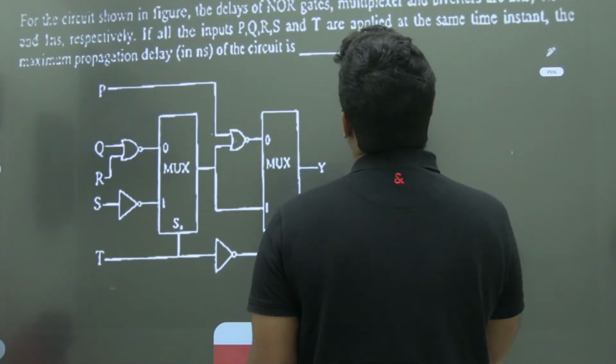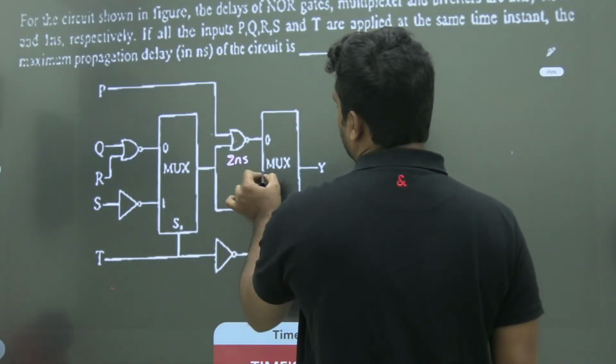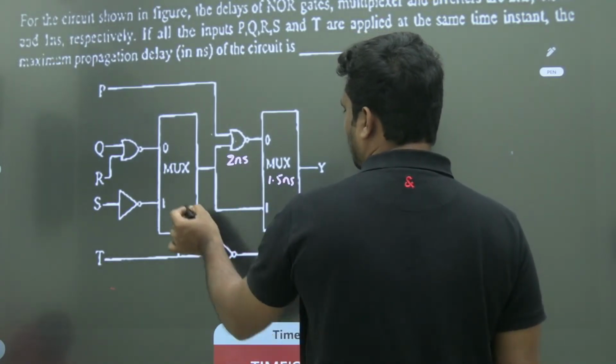The delay of the NOR gates is 2 nanoseconds, mux 1.5, inverter 1 nanosecond.